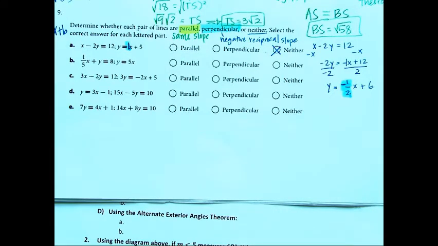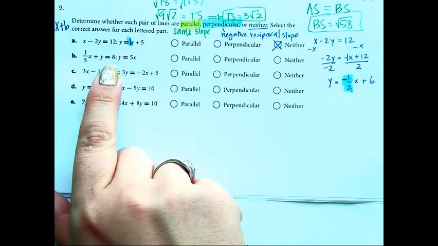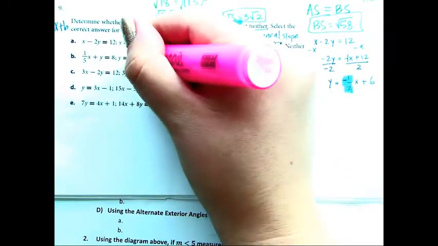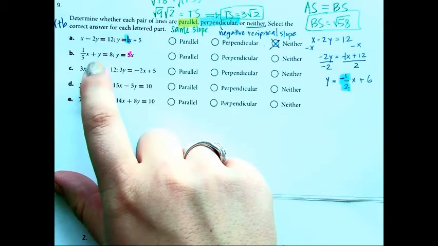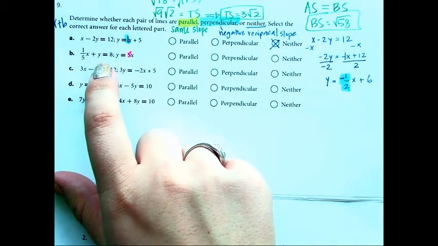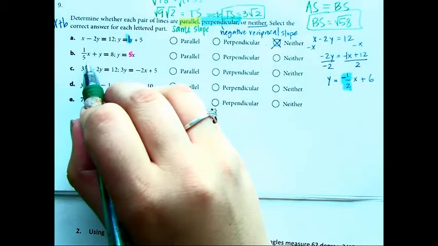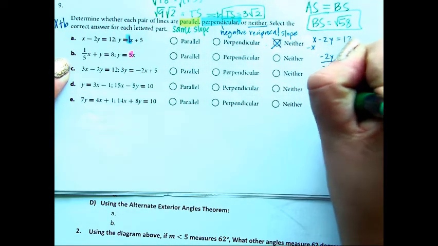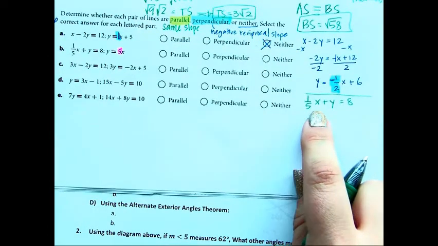For part B now, this equation is not in slope-intercept form, but this one is, y equals 5x. So my slope here is 5, and I need to do a little bit of work on this left side, standard form, to turn it into slope-intercept form to find that m value. So let me use a different color now so you guys can see. 1/5 x plus y equals 8. I'm going to subtract this 1/5 x from both sides.